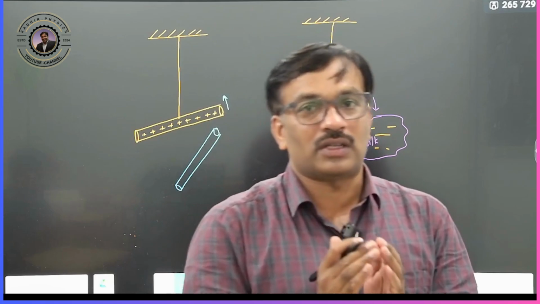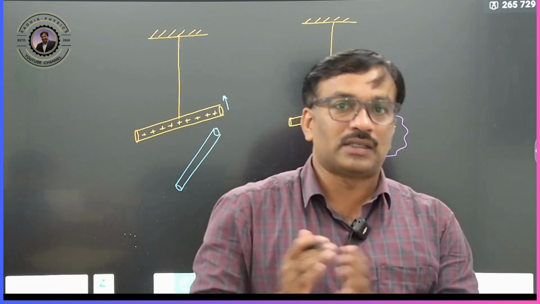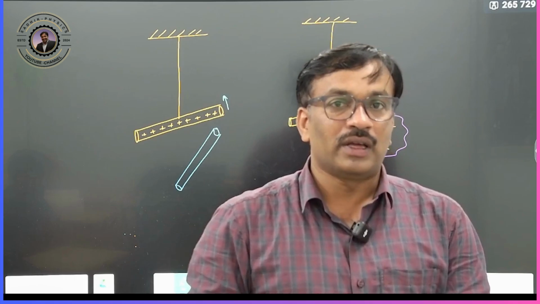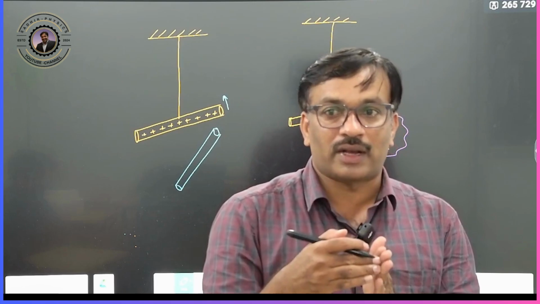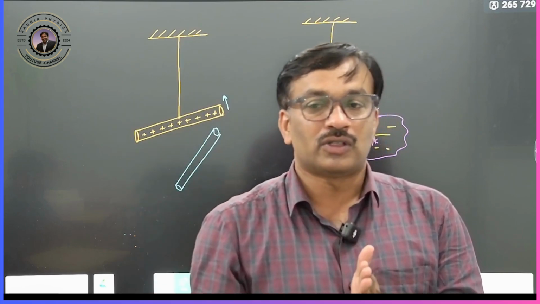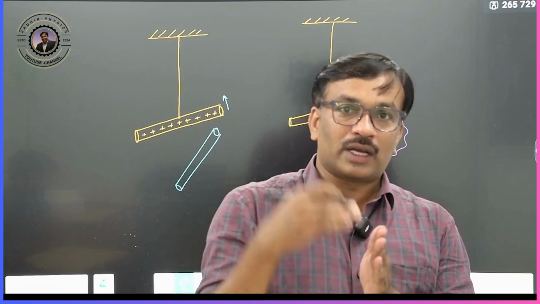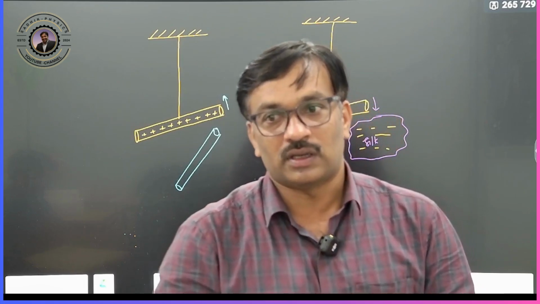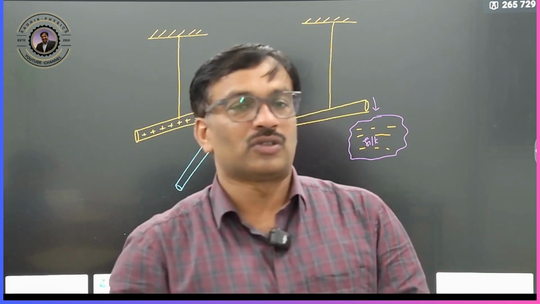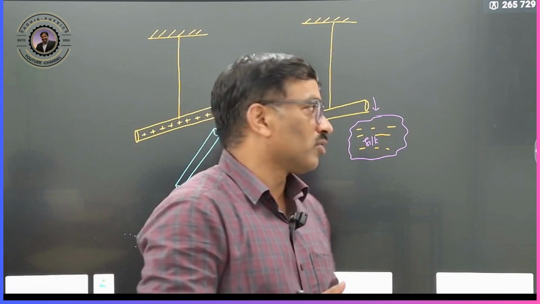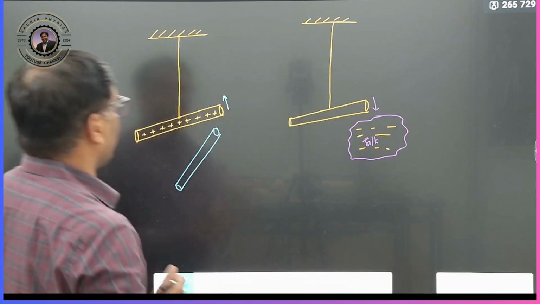The glass rod is taken as positive and the silk cloth is taken as negative. Anything which is attracted to the positive glass rod is said to be negative. Anything which repels the glass rod is said to be positive, right? Like that we came to positive and negative, and like this we got the idea of this.